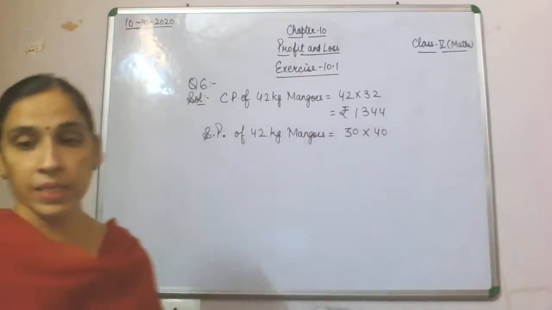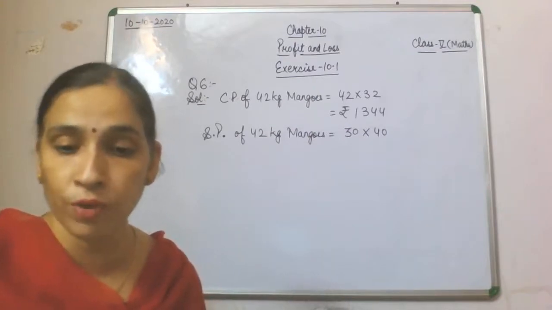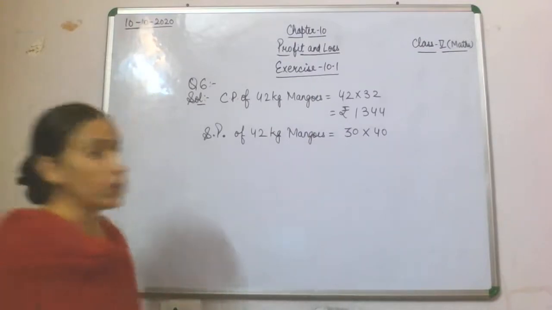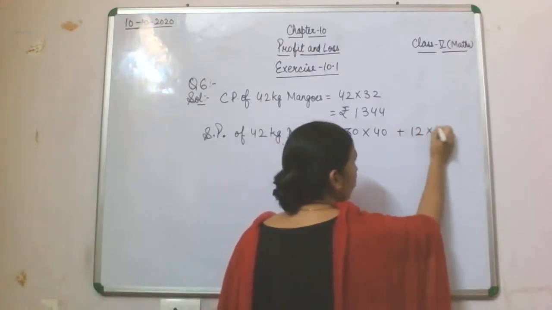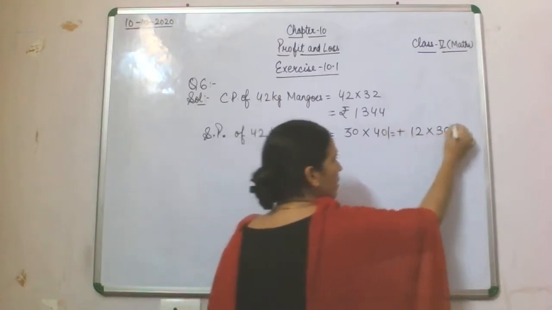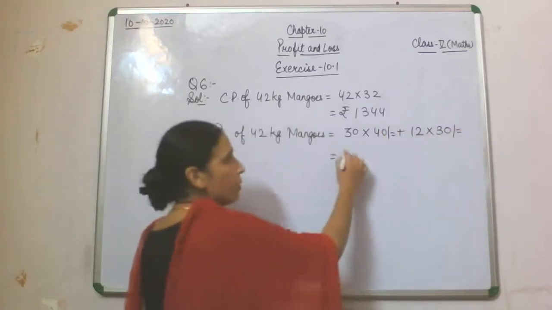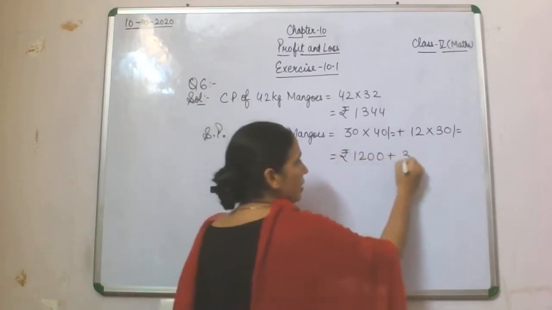First 30 kg, see what is given, he sold 30 kg mangoes at the rate of rupees 40 per kg, plus the rest 12 kg mango will be sold at the rate of rupees 30. So this will become rupees 4 3s are 12 plus 360.